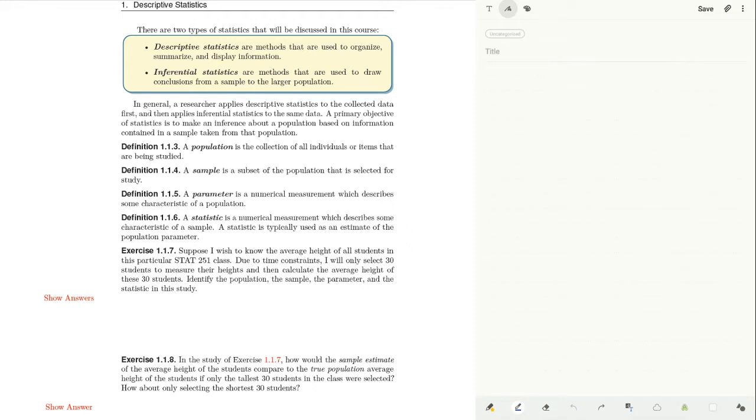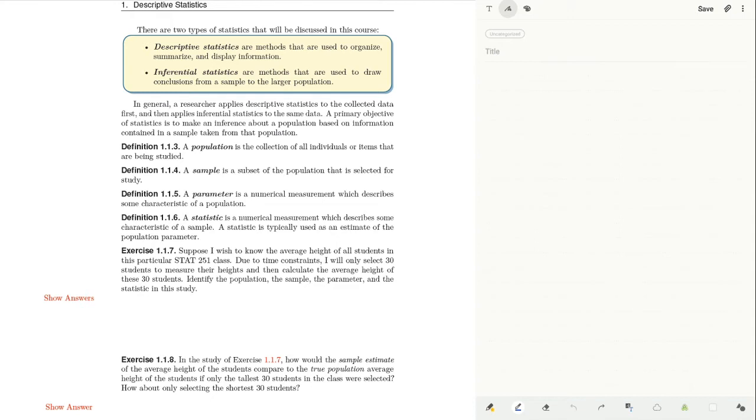In statistical jargon, a population will refer to the collection of all individuals or items that we want to study. A sample is a subset of the population that is selected for study. Now, related to the population is a parameter, which is a numerical measurement which describes some characteristic of a population.